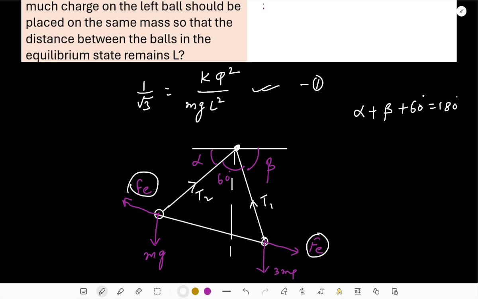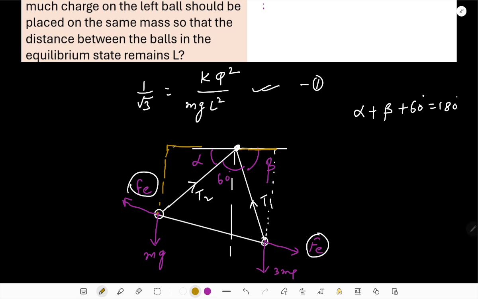One is 3 mg, and its moment arm is this, and the other is mg, and its moment arm is this.